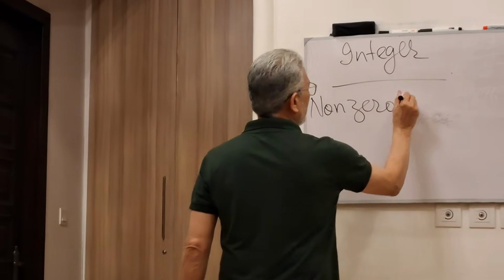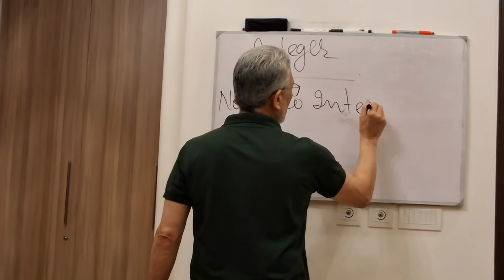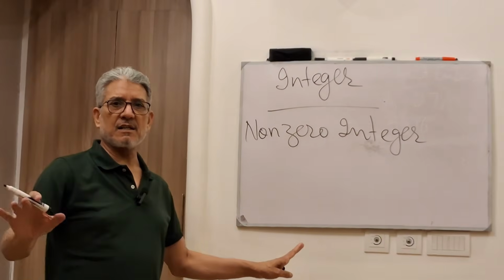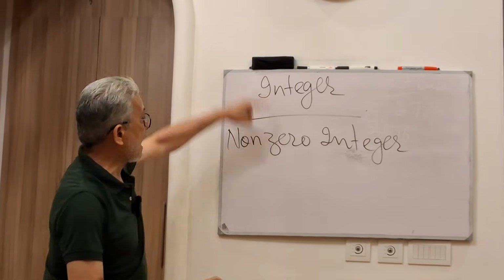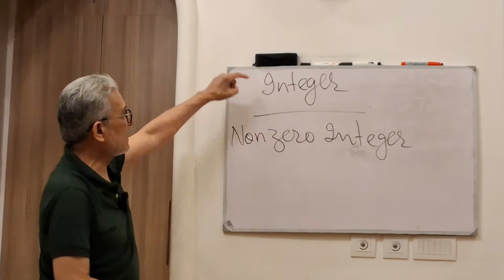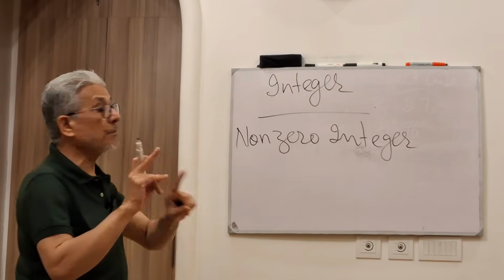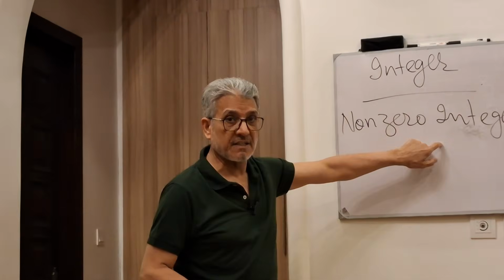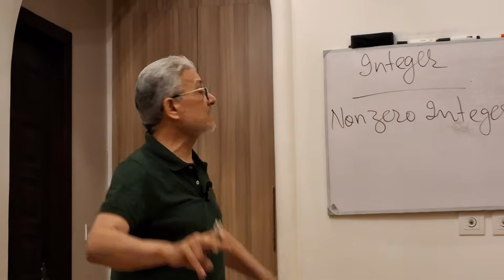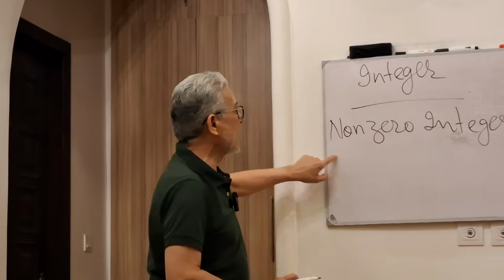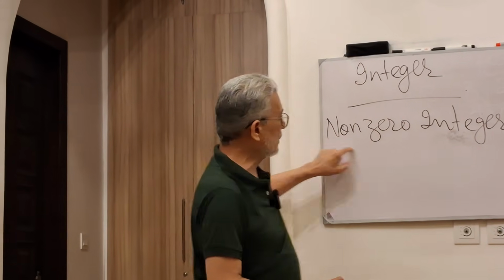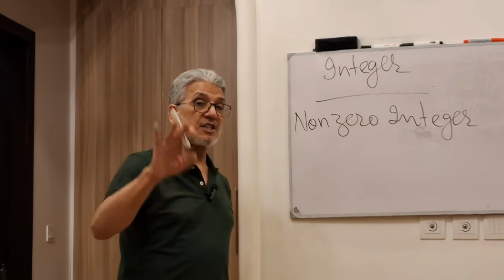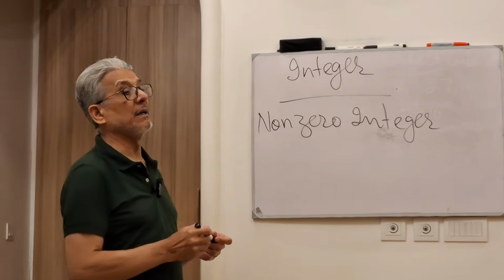So a rational number is a number which can be written in the form of a fraction, that is p over q, where p and q both are integers and q is not equal to 0. That is the definition of a rational number.